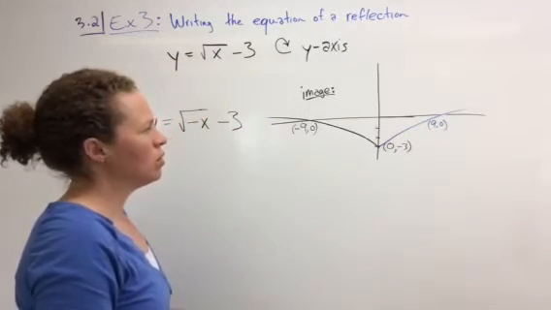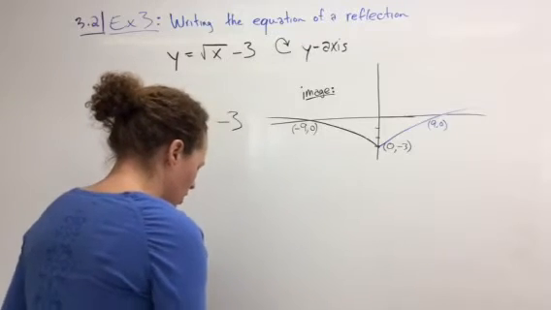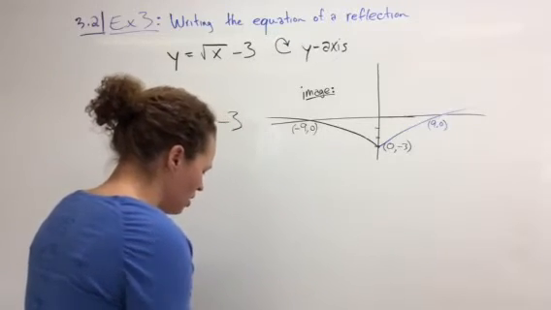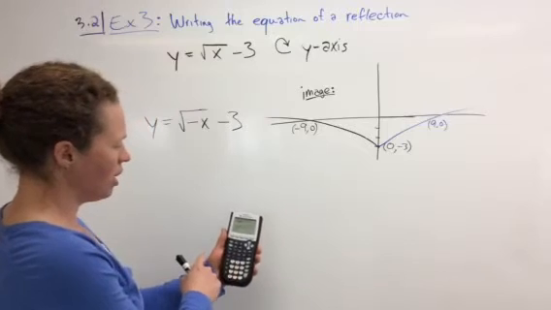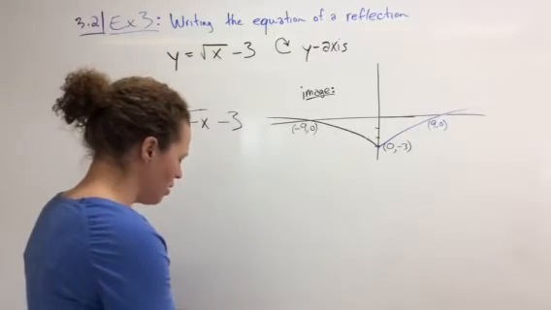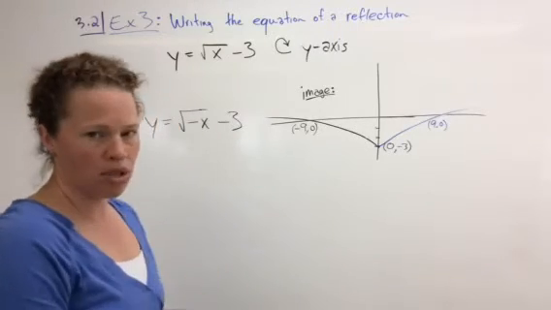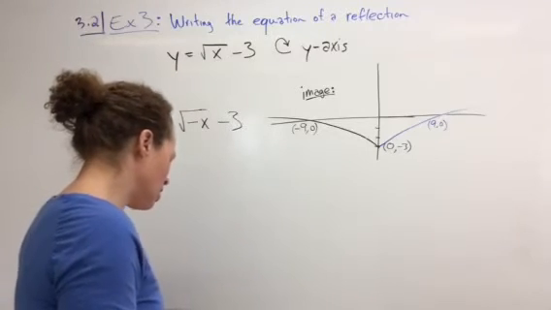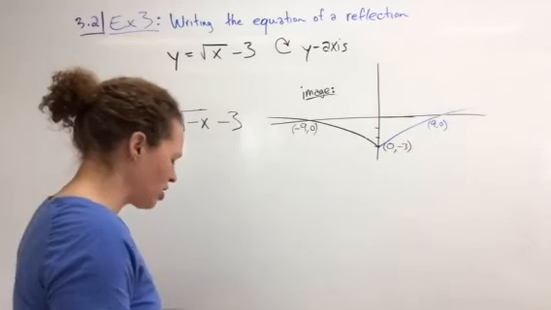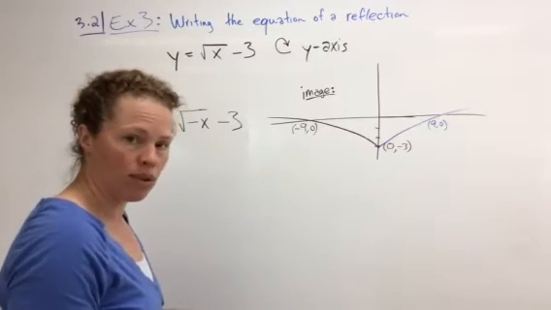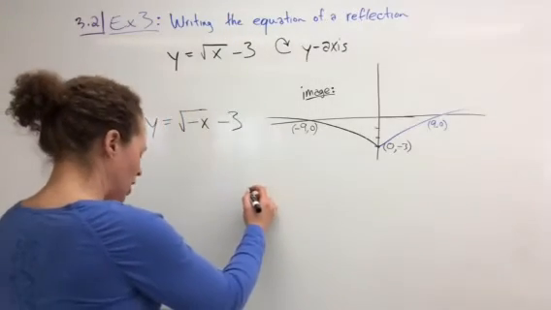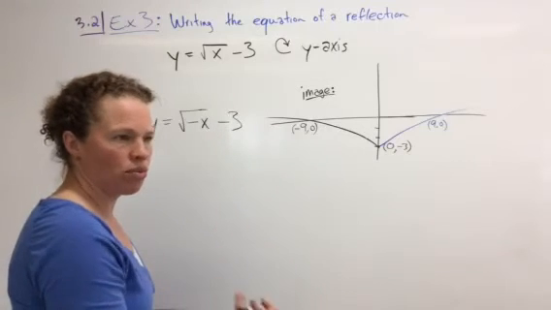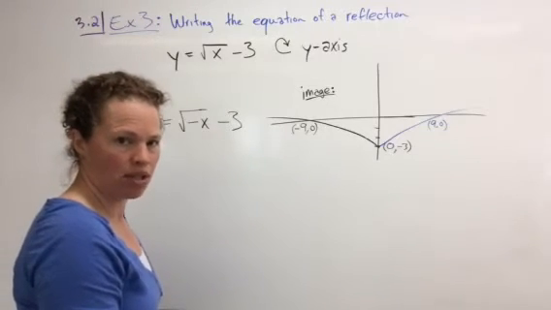So I can use my graphing calculator, and I'm obviously going to hit the y equals button, and I've already put mine in here. But what you should do, especially if you've got a TI-84 or more, is make sure that the root sign actually stops where you want it to stop.